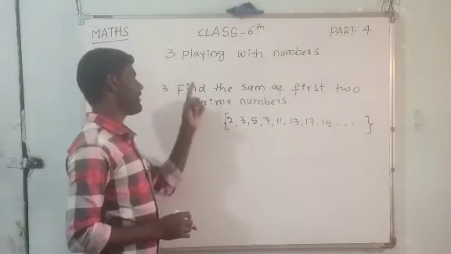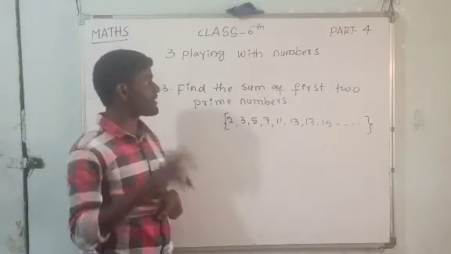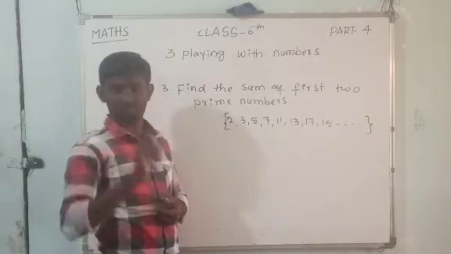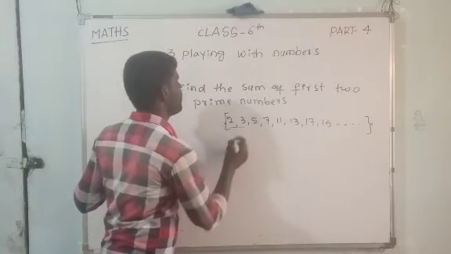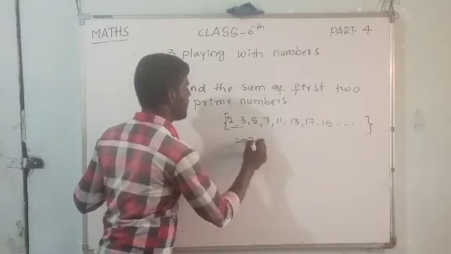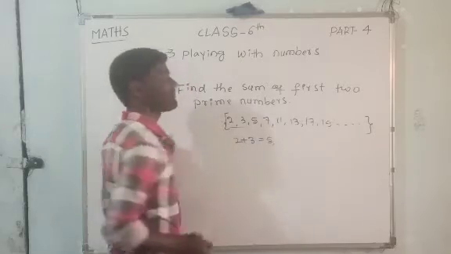Dear children, they are asking you to find the sum of first two prime numbers. First two prime numbers means we should take 2 plus 3, that equals 5.